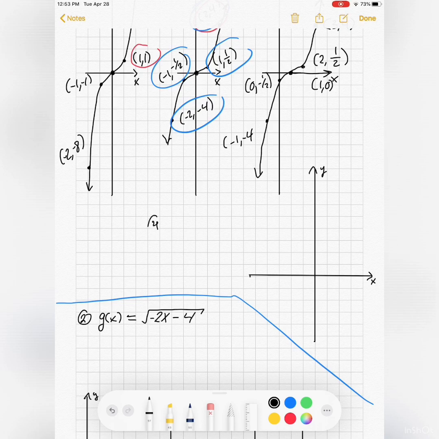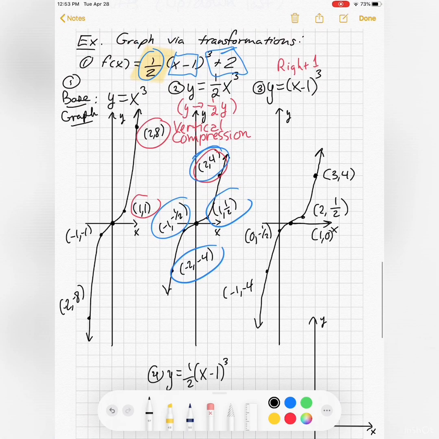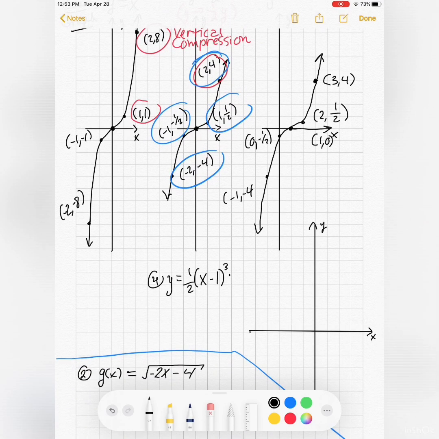Okay, so what is this step 4? What was it? A half (x minus 1) cubed plus 2. And that's my final graph. So shifting up 2. Okay, okie dokie. So this guy will be at 3, 6.